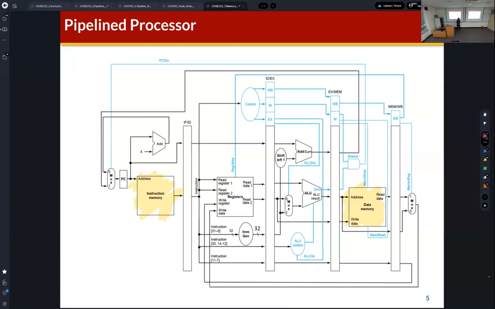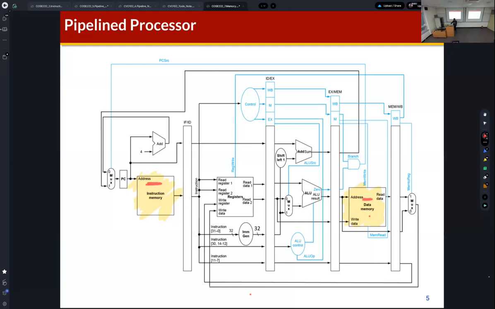So I mentioned that in a computer system, the memory can be slow. But when we learned about the processor architecture, we assume that we can read instructions in the instruction memory, and we can read data in the data memory. But we assume that this data can be read quickly.